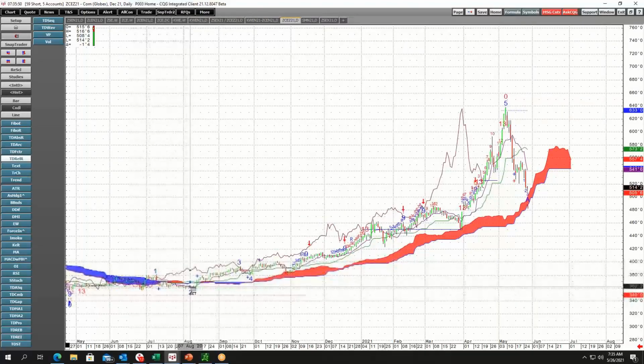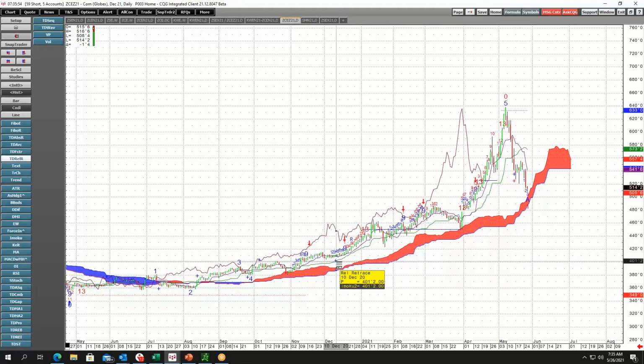If you were really good, you started hedging probably around this $4 mark. I know we fought everybody about hedging $4 corn, and you would have spent about 50 cents. So there's your floor. If we draw that graph at $4, your floor is actually $3.50 if you spend 50 cents on a put.